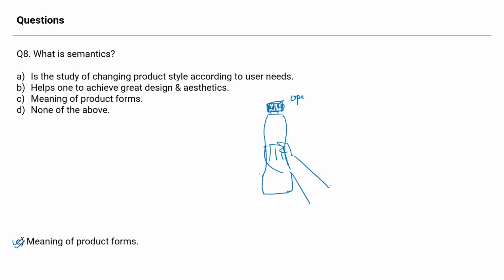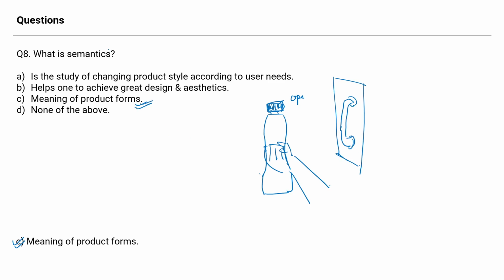Another example can be the door handles. The moment you see it, you are able to understand either it needs to be used for pushing or for pulling, right? So it is basically the meaning of product forms.